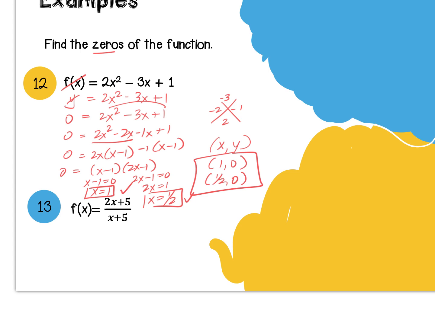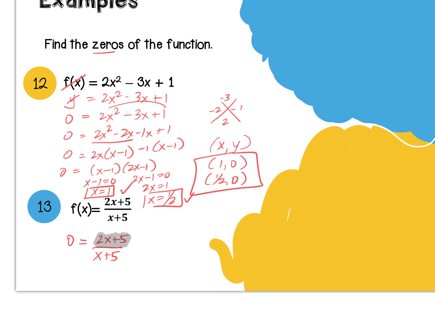Now here again, if I'm trying to solve this and I have this numerator and this denominator, again I'm going to do 0 equals 2x plus 5 over x plus 5. Now here, remember, I'm trying to find the x value that makes the output 0. So technically, as long as this numerator ends up equaling 0, my whole fraction equals 0.